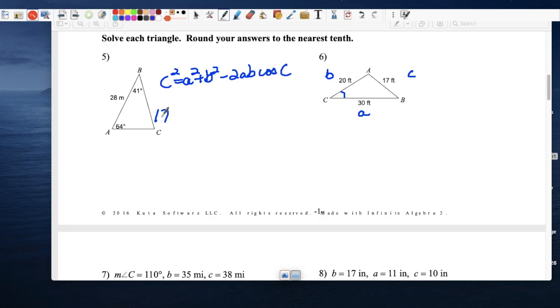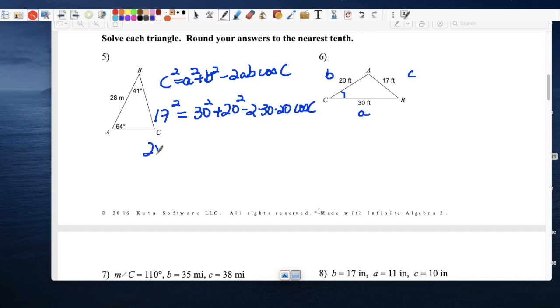C is 17, A is 30, B is 20, minus 2 times 30 times 20, cosine of the angle, I don't know.